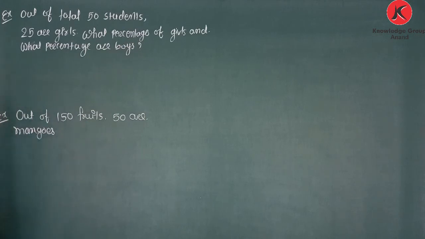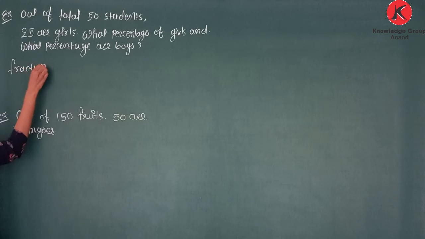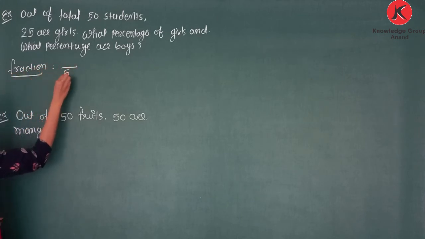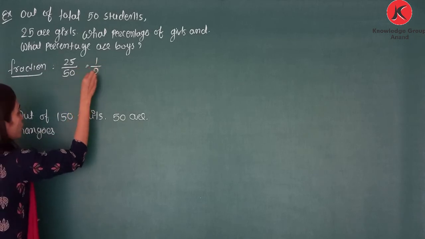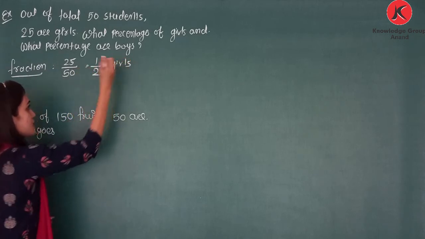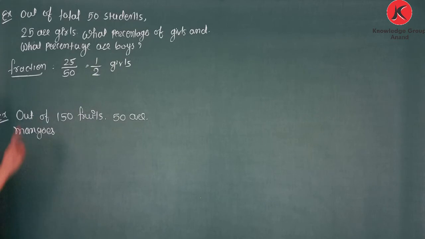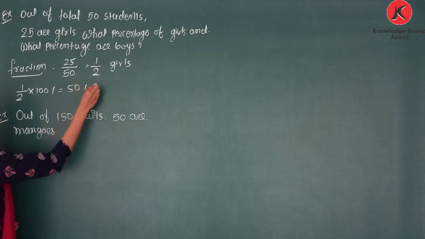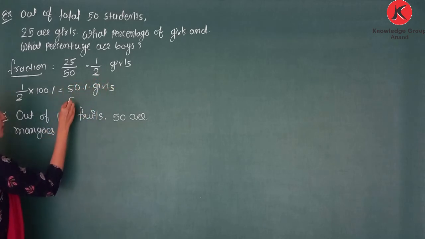So your total students are 50. From that 25 are girls. So here we can write it as a fraction. From total 50, 25 are girls. So it is 1 by 2 girls. So convert this into percentage. 1 by 2 multiply 100%. It is 50% girls and 50% boys.